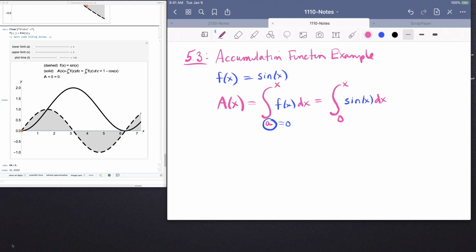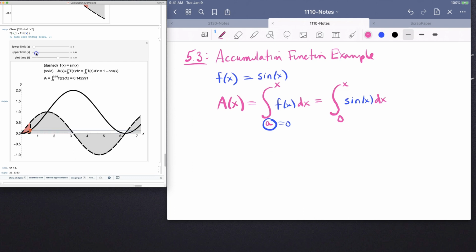Now first things first, let's try to get an idea of what is happening in this problem. There is a dotted line function. That is the function sine of x. You can see that it has that shape of the sine function. And what we are accumulating in this problem is area.